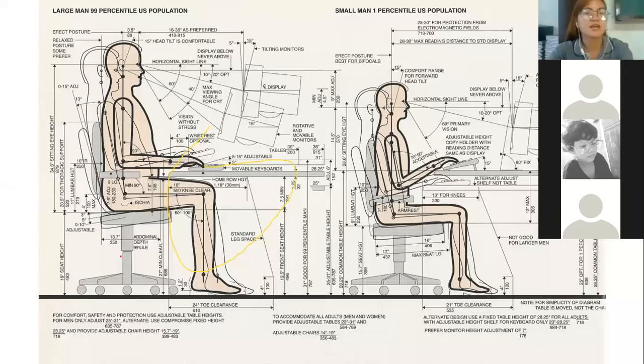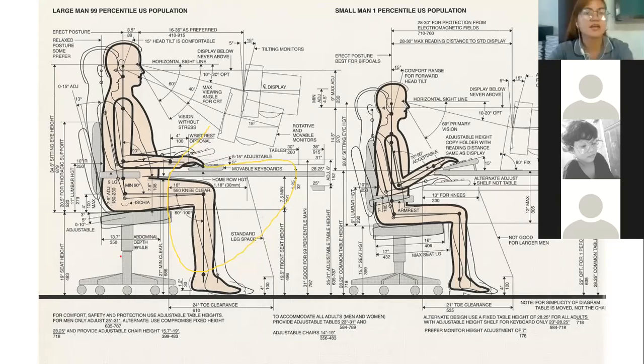Okay. So, the anthropometric is more on identifying human measurements. It's more on measuring, for example, your foot. You measure your foot so that it becomes the basis of your design. Or the basis is the measurement of your lap, your foot.